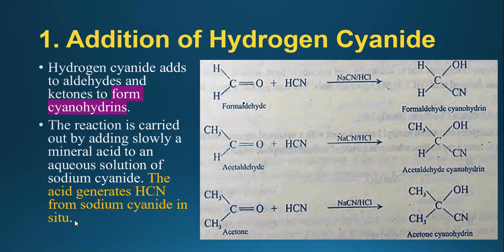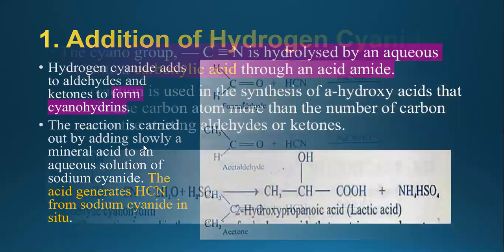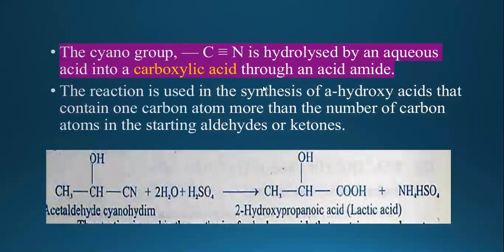In situ means the reagent is created during the reaction process. So the type of reaction in which a reagent is created inside the reaction mixture is known as in situ. The cyano group can be hydrolyzed by an aqueous acid into a carboxylic acid, as in this case.